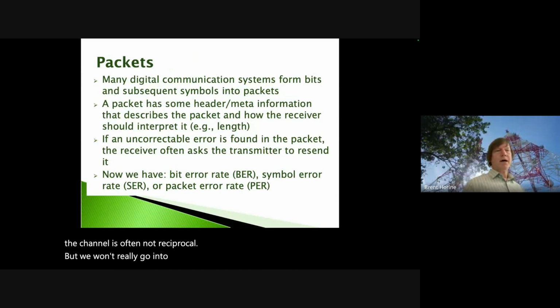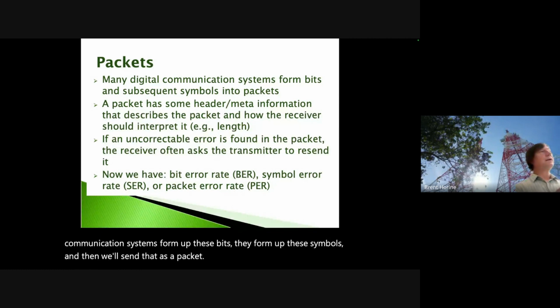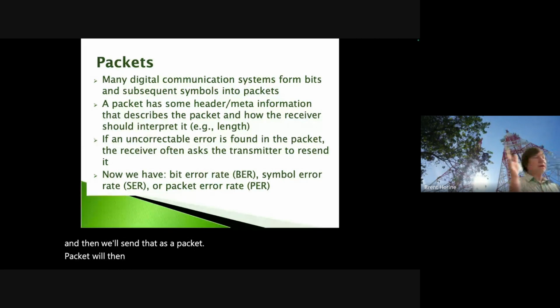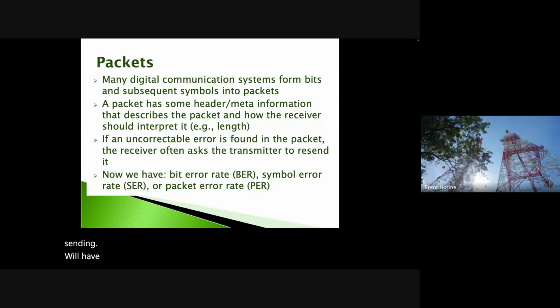Now many digital communication systems form up these bits, form up these symbols, and then send that as a packet. That packet will have at the beginning of it a header, the first few bits you're sending, with maybe a set length or a variable length, which will have things like what kind of packet it is, but also what the length of the packet is.